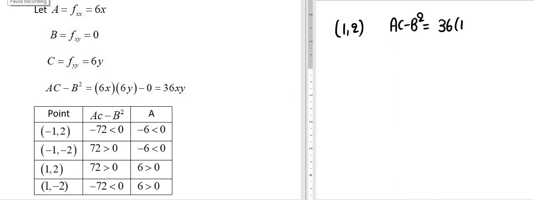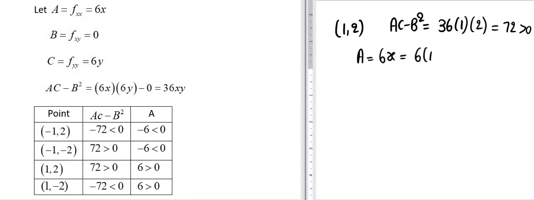At the point 1, 2, AC minus B square is 36 into 1 into 2. That is 72. That is greater than 0. A value is 6x. 6 into 1, 6 greater than 0.